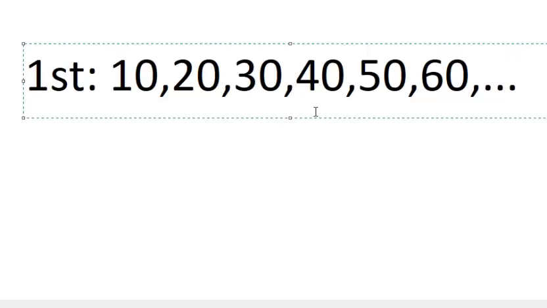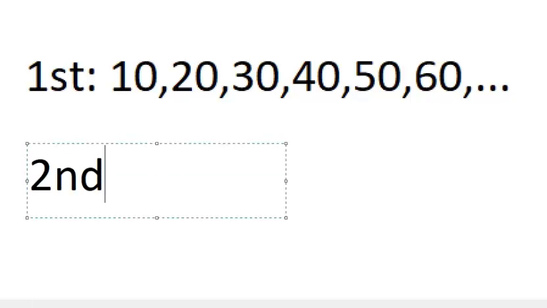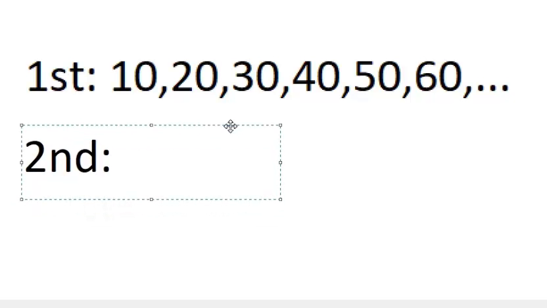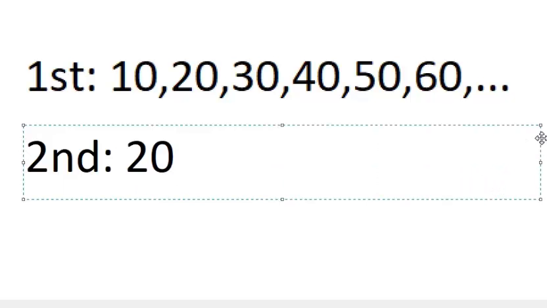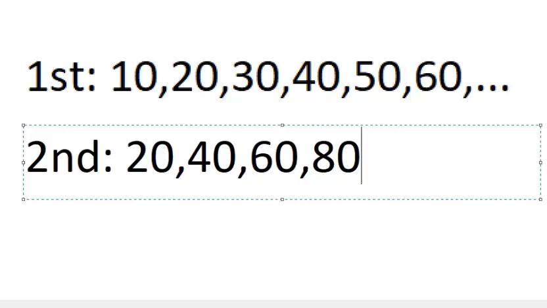That will be the pattern of when the first alarm is ringing. Now the second alarm sounds every 20 minutes. So 20 minutes after the first time it's going to ring again. Then 40 minutes after the first time, 60 minutes, 80 minutes, and so on.